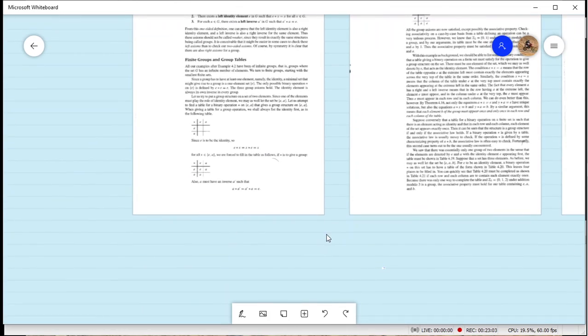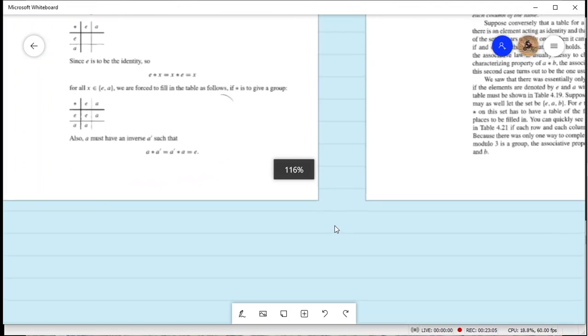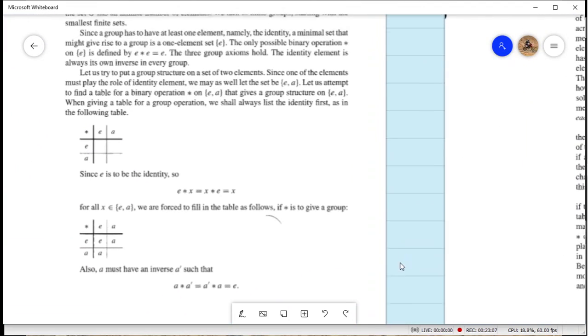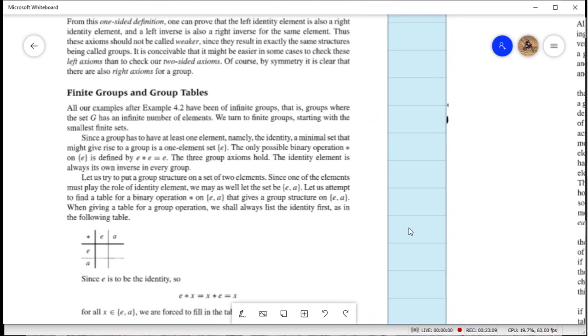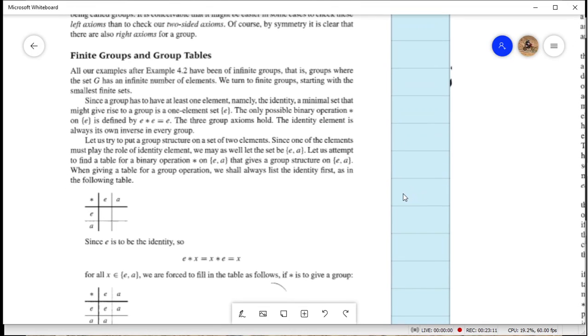So far, in most of our examples, the sets wherein we have defined a binary operation and proven that they are groups are all infinite. For example, the set of real numbers under addition is actually a group.